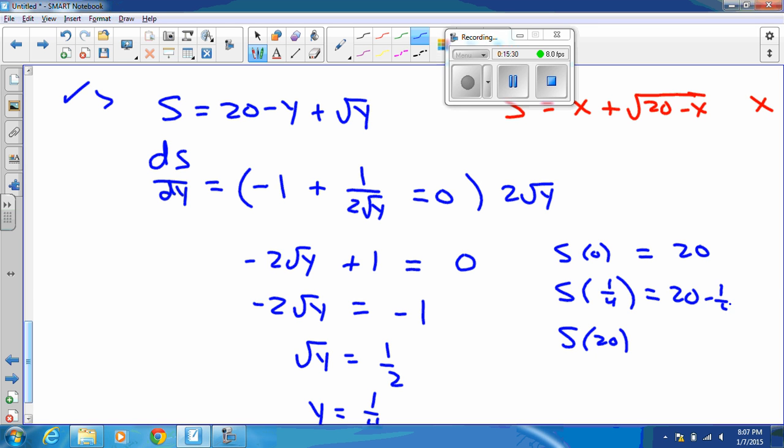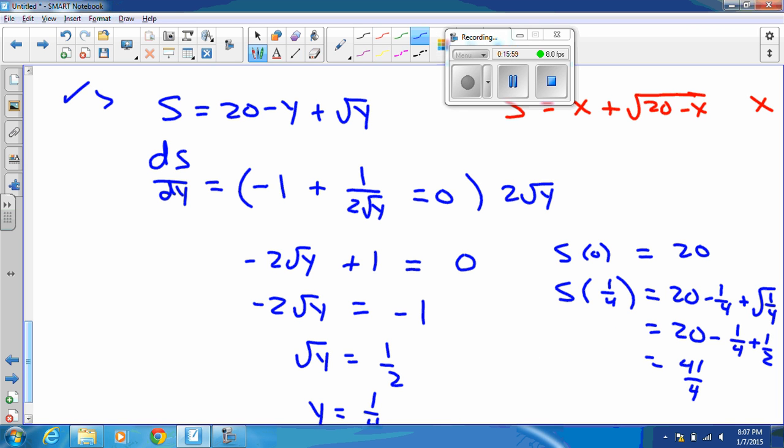S of 1/4 is a little bit of a pain. 20 minus 1/4 plus the square root of 1/4 is the same as 20 minus 1/4 plus 1/2. Which is the same as 20 and 1/4, or perhaps we should call it 81 over 4.